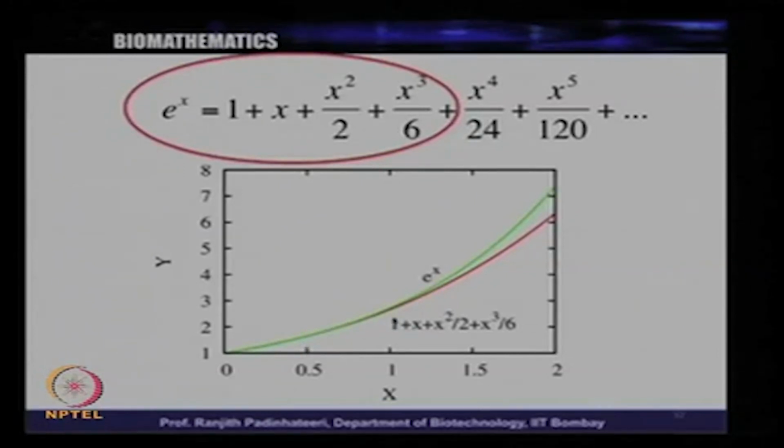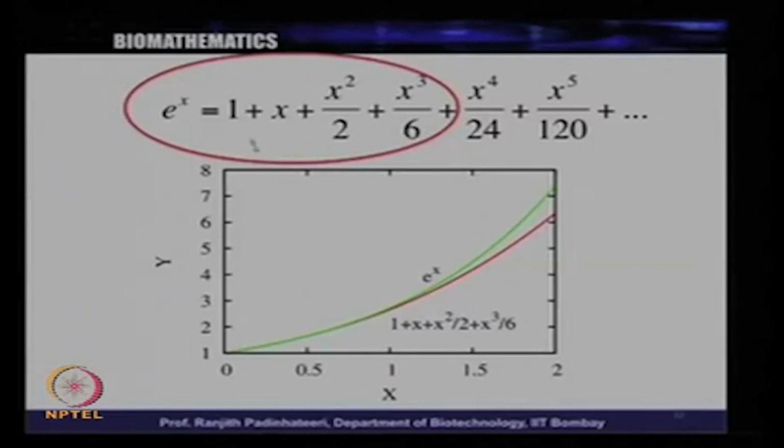Very close around 1 they start diverging, and e power x goes faster than the sum of these quadratic, cubic plus linear functions. So, 2 things we understand from here is that the more terms we take, the approximation becomes better.